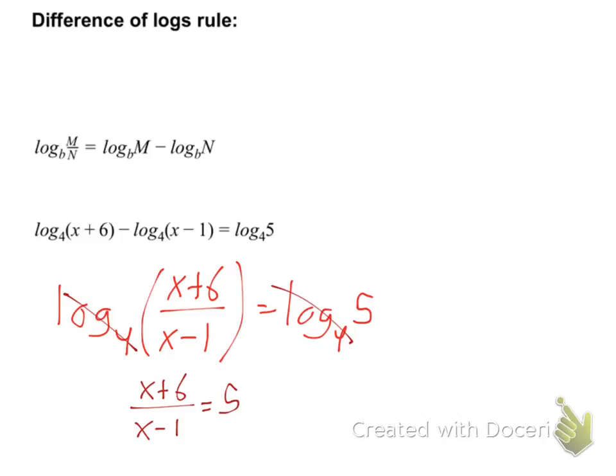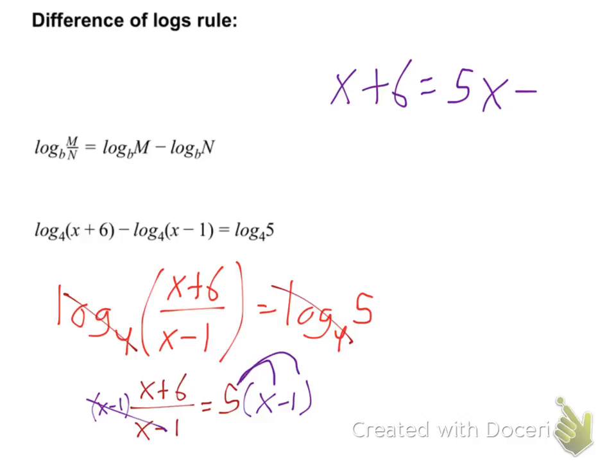And you guys should be saying, yes, I can solve that. How do I solve that? Multiply both sides by x minus 1, because the x minus 1s will cancel, leaving you with x plus 6 equals, and I can distribute, 5x minus 5.